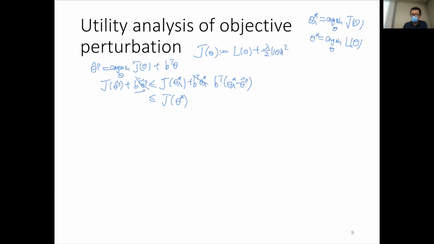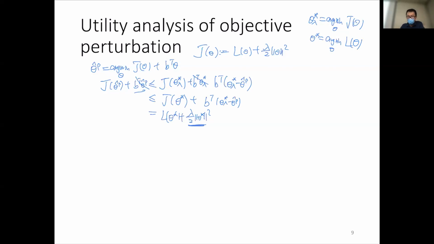We can always replace this because theta star lambda is the optimal solution, plus B transpose times theta star lambda minus theta hat p, and this is L of theta star plus lambda over 2 norm of theta star squared. The same thing as we've gotten from output perturbation, and later we'll be balancing this term with all the other things by choosing this lambda optimally. But for now, let's keep this here.